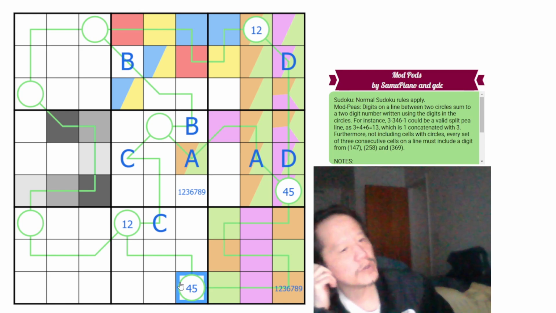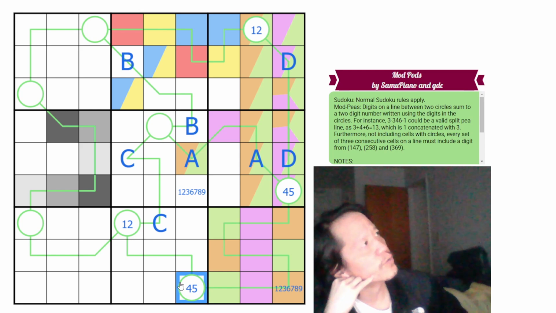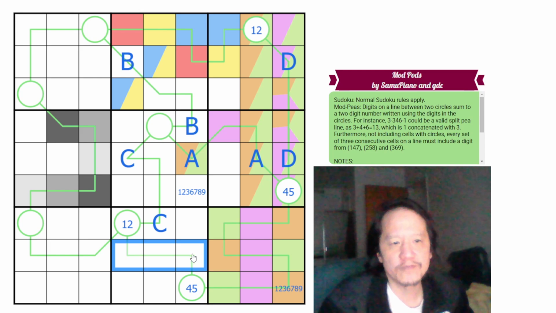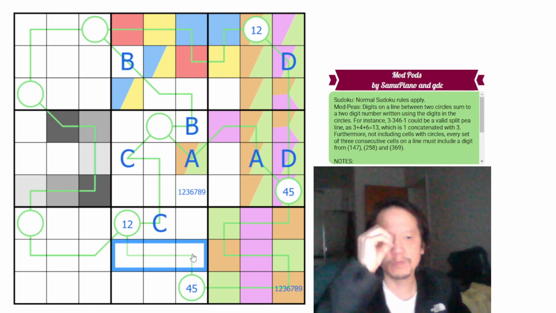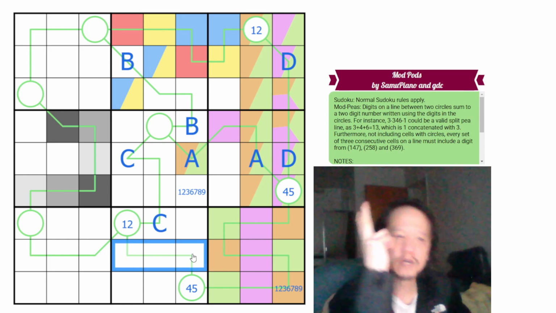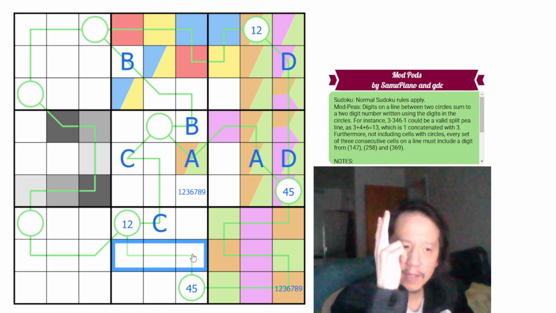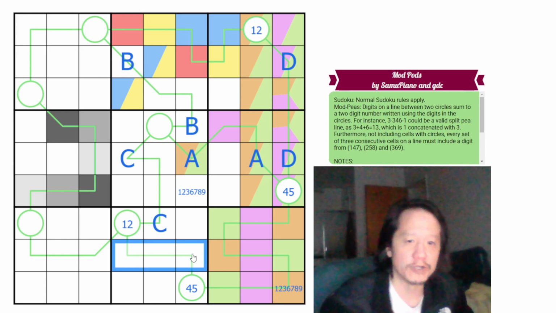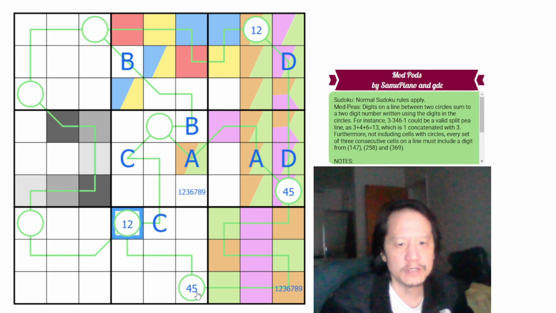Because it can't be, so this is either 24 or it's 15, right? Because these are three different sets. So it's 0 modulo 3, 1 modulo 3, or 2 modulo 3. And it has to contain all those sets, which add up to essentially 0 modulo 3. So this either is 15, or it's 24.